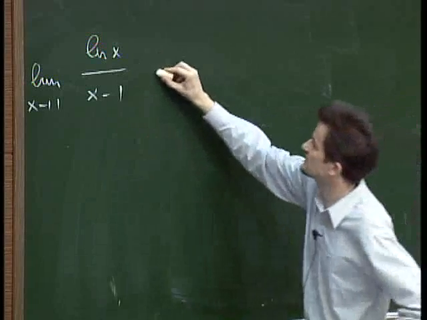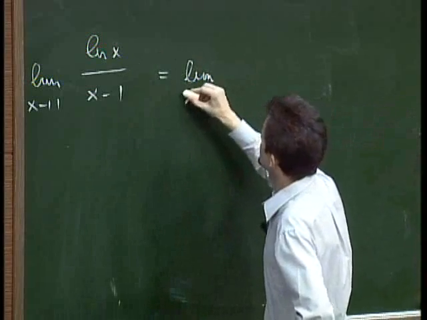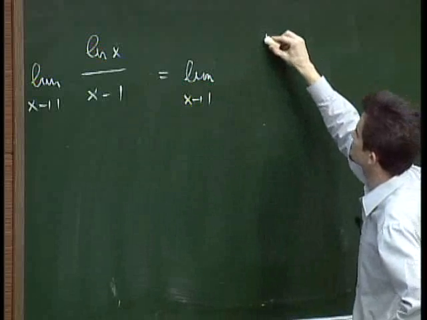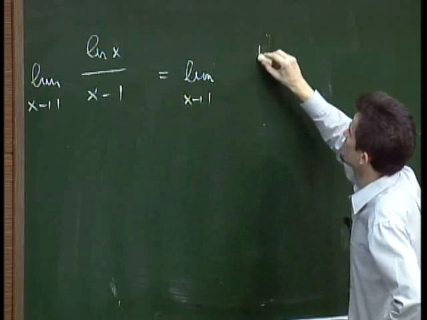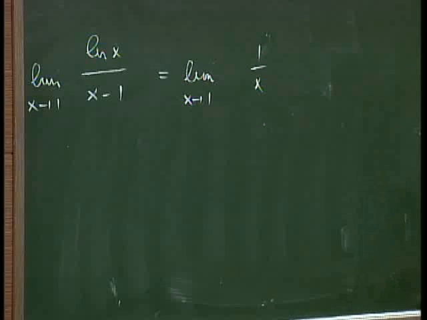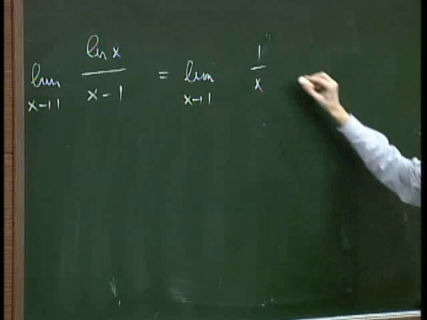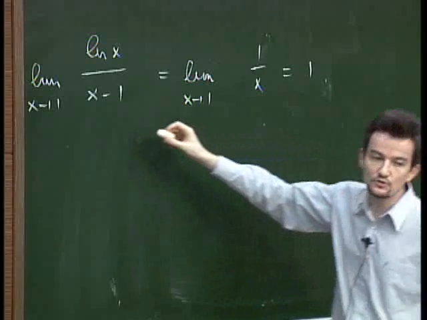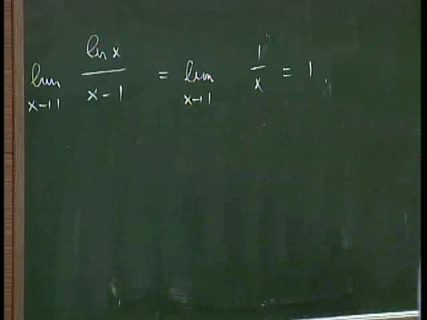Okay, so we just use the theorem. So the derivative of the numerator is 1 over x. The derivative of the denominator is equal to 1, and now you can easily compute the limit, which is equal to 1. So you see that actually the way you use the rules of the L'Hopital is, okay, because this limit here exists.